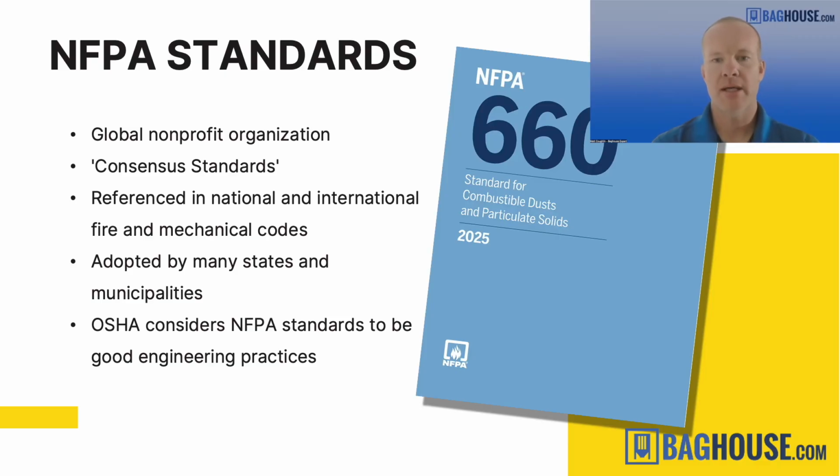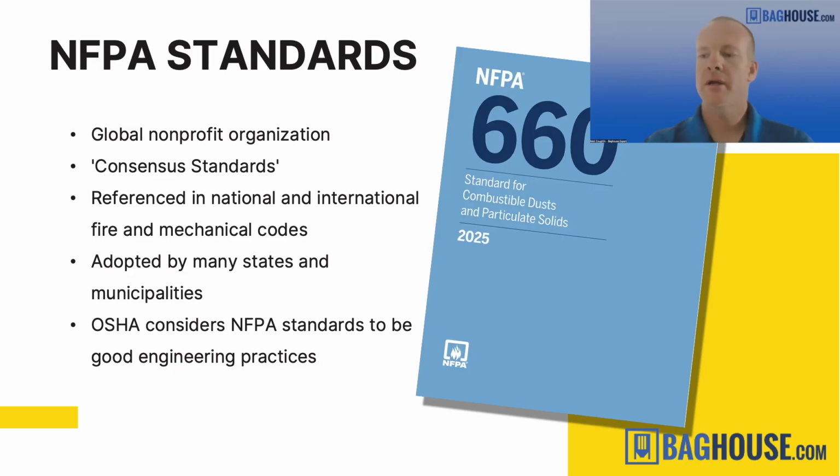Speaking of combustible dust, the basic requirements, generally speaking, to meet NFPA requirements are you need to have explosion isolation. So if you look at the photo, you can see there's a red valve in the ductwork there upstream and downstream of the baghouse.